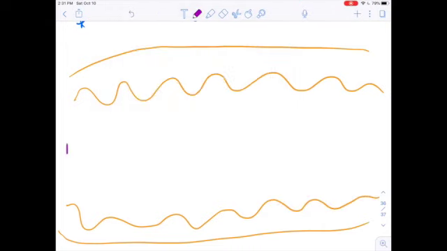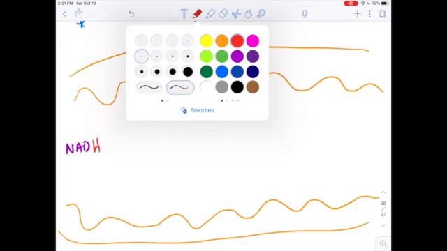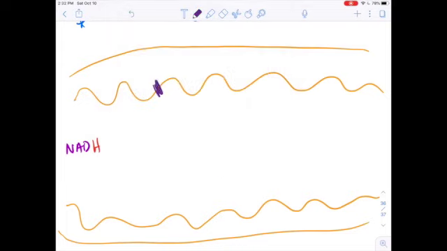Okay, so let's see. NADH sees all of these proteins of the electron transport system, and I'm just drawing one set here. ATP synthase is over here looking like the pilgrim hat.